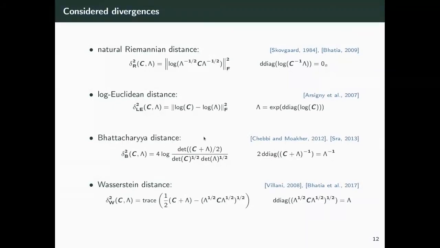So this is a very interesting distance because it shares a lot of properties. It's close to the Riemannian distance, except that it's computationally cheaper, so might be better for real-life applications. And also we have considered the Wasserstein distance, which is quite trendy from the optimal transport field.